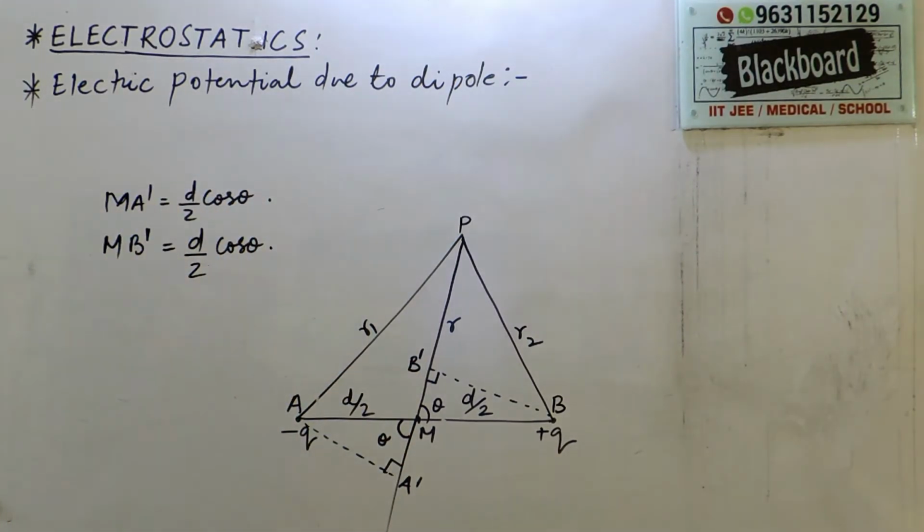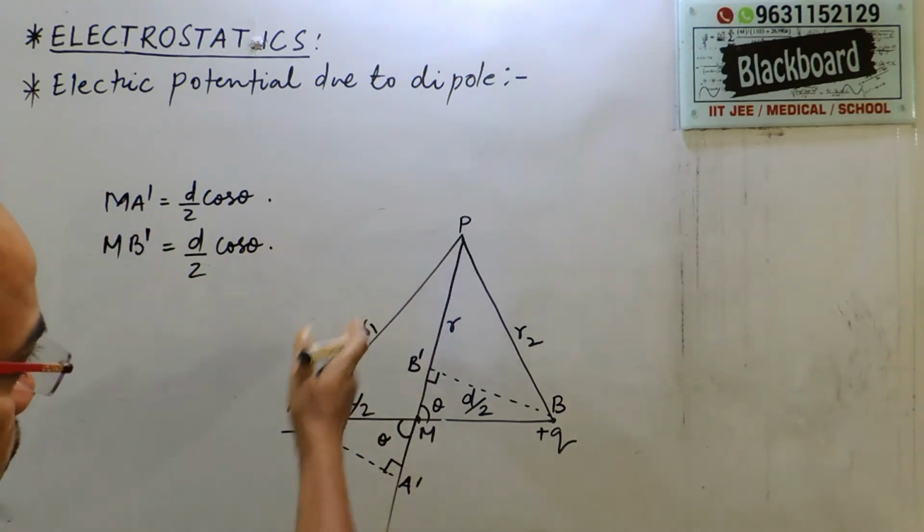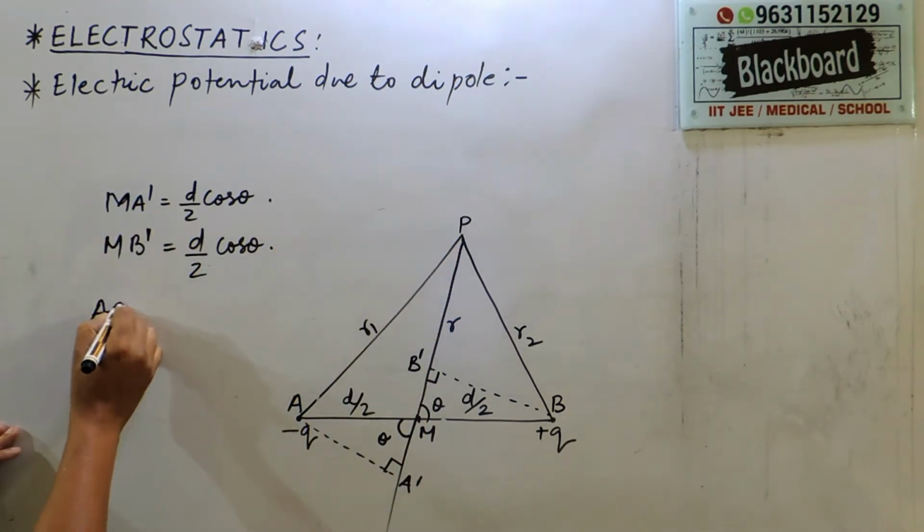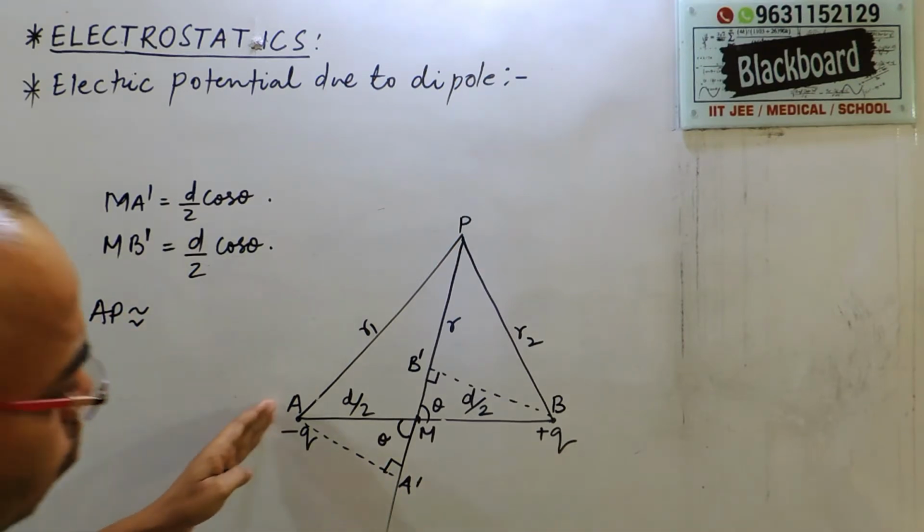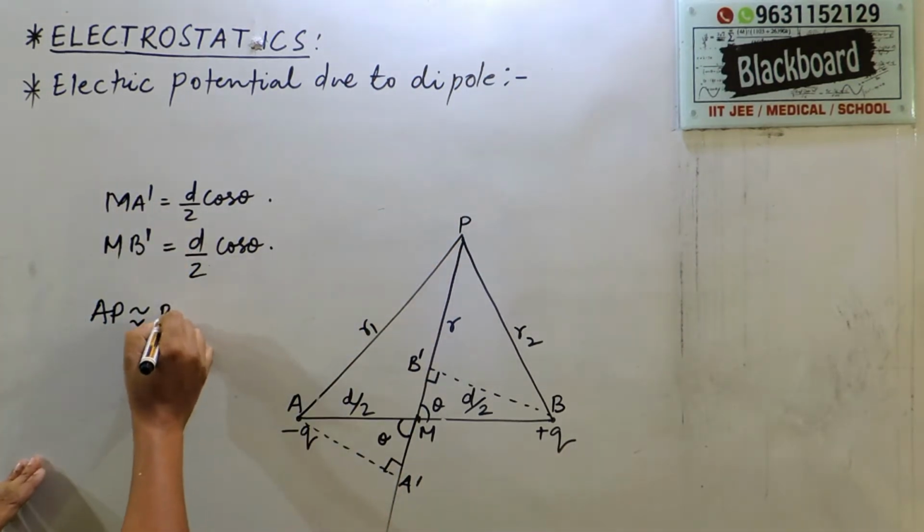And here from geometry, AP is approximately equal to PA dash.